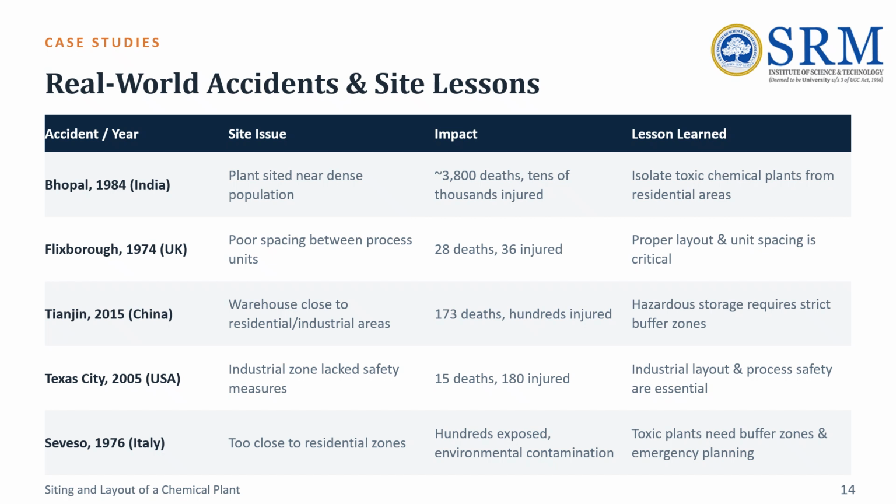The Tianjin explosion in China showed the dangers of storing hazardous materials near residential areas. The Texas City refinery explosion highlighted deficiencies in industrial safety measures. The Seveso disaster in Italy emphasized the importance of maintaining adequate buffer zones and emergency planning. So each of these accidents teaches us that improper siting and layout can have devastating consequences.